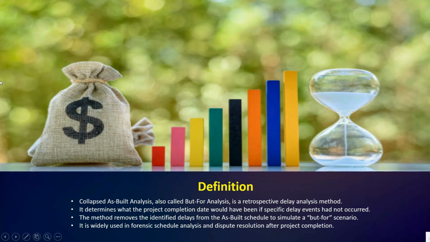Under definition, you can see collapsed as-built analysis, also called but-for analysis, is a retrospective delay analysis method. The collapsed as-built analysis examines the actual executed schedule, the as-built, and then removes identified delay events to simulate a but-for scenario.